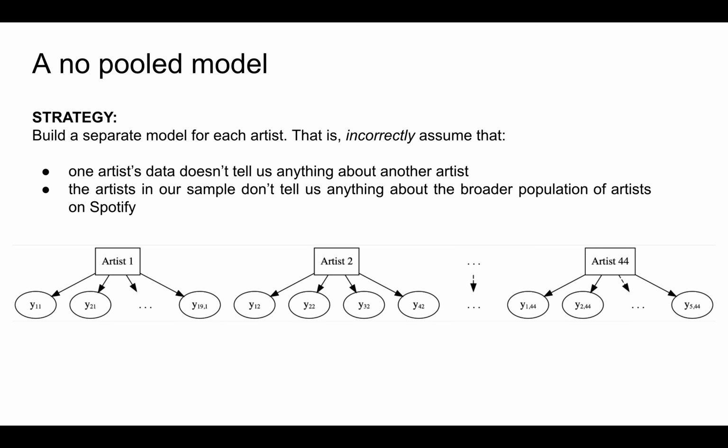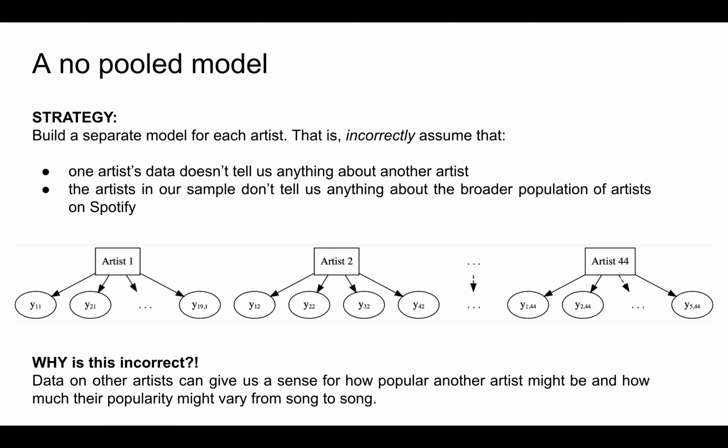Represented by the flowchart here, a no-pooled model incorrectly assumes that one artist's data doesn't tell us anything about another artist. Thus, that the artists in our sample don't tell us anything about the broader population of artists on Spotify. Hence, we can really only use this model to understand the individual 44 artists in our sample. They're not connected in this flowchart or the model in any way.